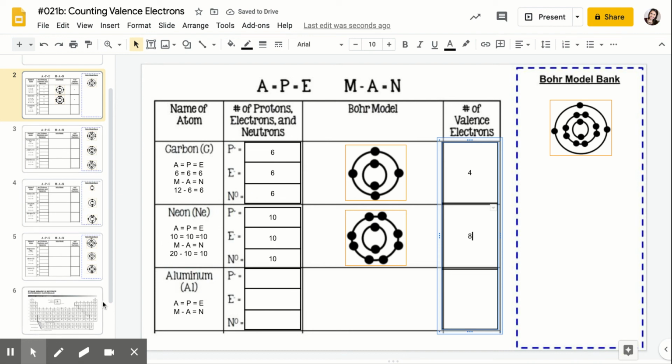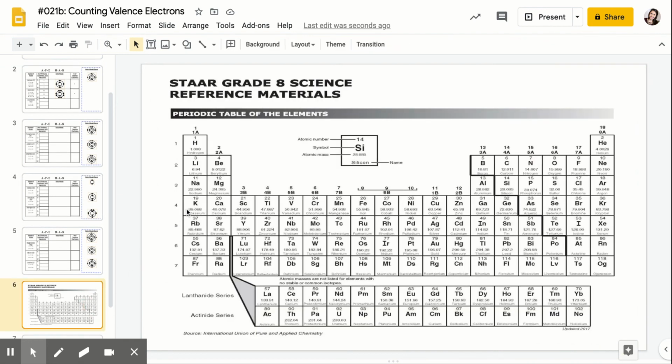So lastly, let's look at aluminum. So aluminum has atomic number 13 and has a mass number of 27. So how did I get that 27? Because that 26.9 rounds to 27.